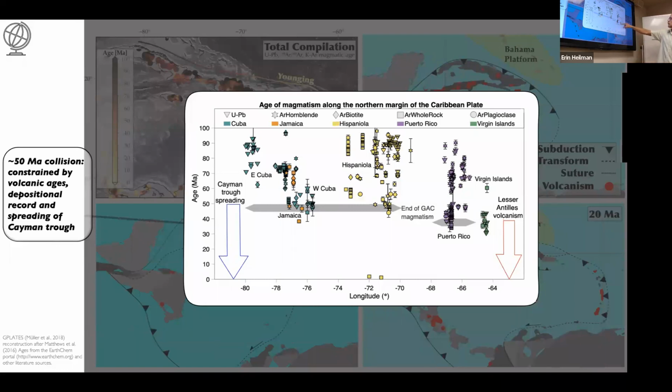Then if you move into Puerto Rico, the ages are a bit younger, but they more or less bridge those to the onset of volcanism in the Lesser Antilles. You have some younger ages here. Those aren't very well interpreted or explained, but the thoughts are either it comes from kind of crustal melting, maybe due to the active subduction zone, but it's uncertain.